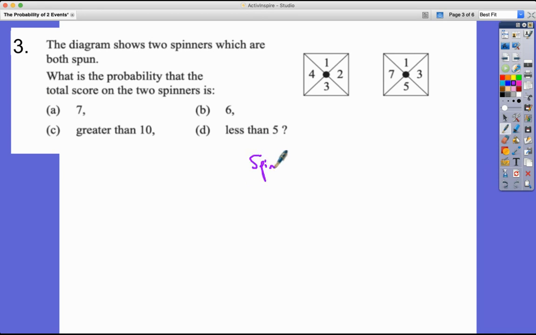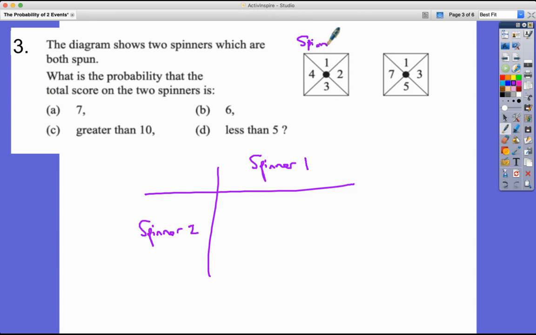Well, I'm going to draw myself a sample space diagram just because I wouldn't try and do it without one. So what are the outcomes on spinner 1? Let's call this spinner 1. Excuse the handwriting. Spinner 2.